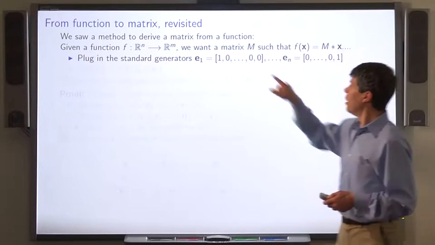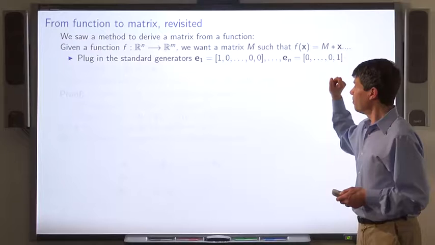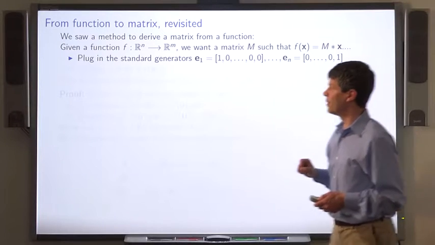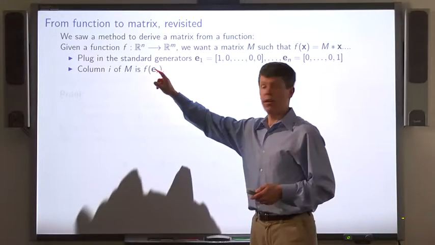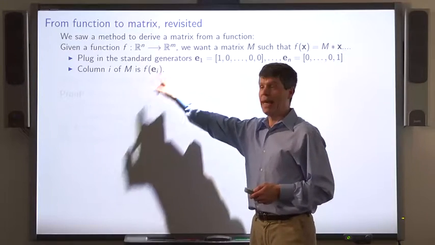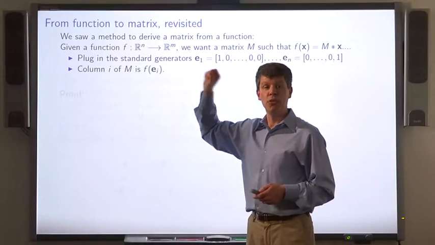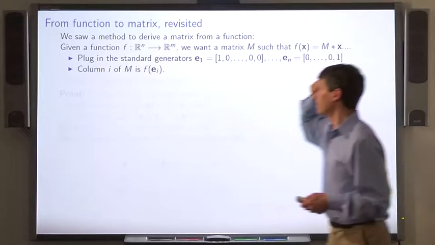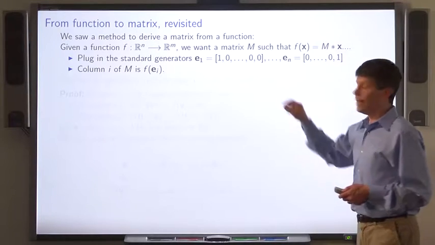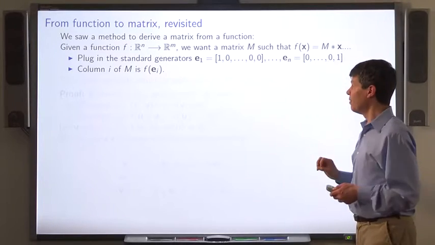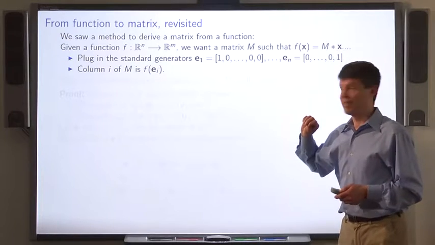The method involved plugging in the standard generators, e1 through en, and then defining the ith column of M to be f applied to the ith standard generator. Now we'll show that this method really works if such a matrix M exists.